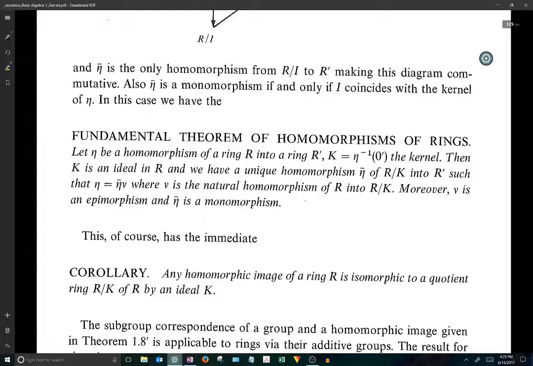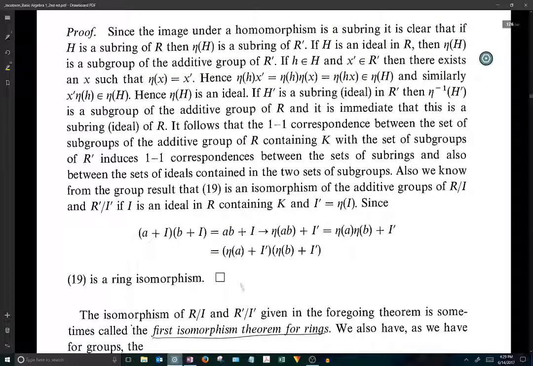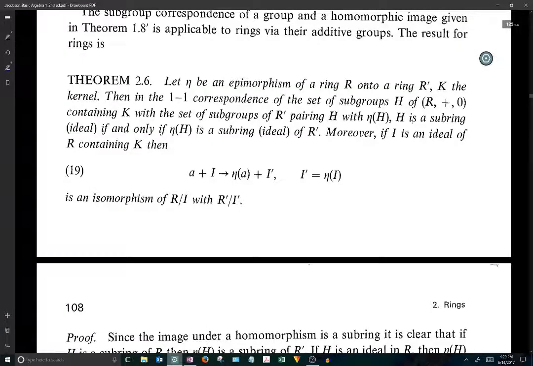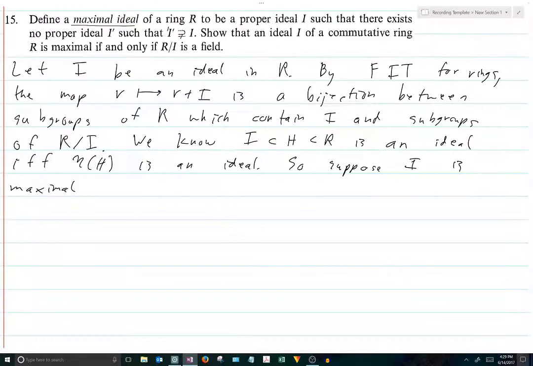Wait, no, it's the first isomorphism theorem, which is this. Set of subgroups containing this. H is an ideal if and only if eta of H is an ideal. Okay, so yes, we have that bijective correspondence, but we also have that H is an ideal if and only if eta of H is an ideal. So that's what we're using here.